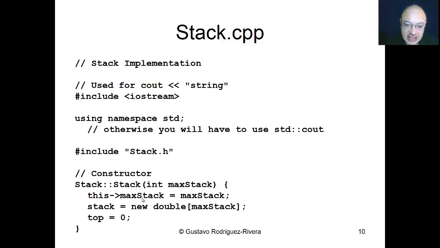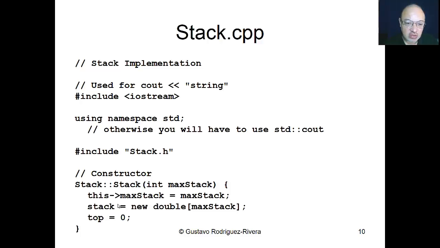In this case, it happens that the name of the parameter is the same as the member variable of the stack, so that is why we have to include this. This is going to be a pointer to the current object. So to access the member variable, we need to say this->maxStack equal to maxStack, so we assign the parameter maxStack into the member variable for maxStack.